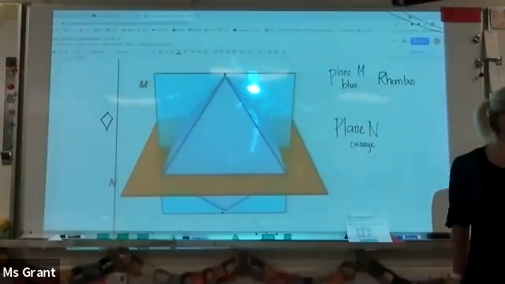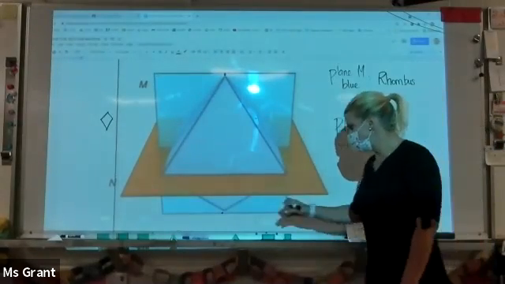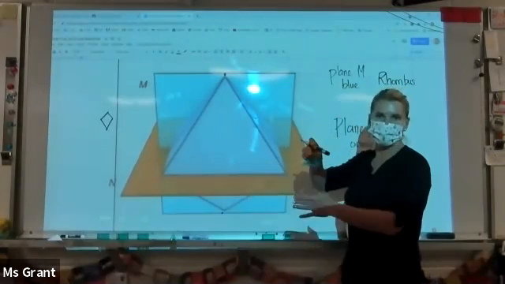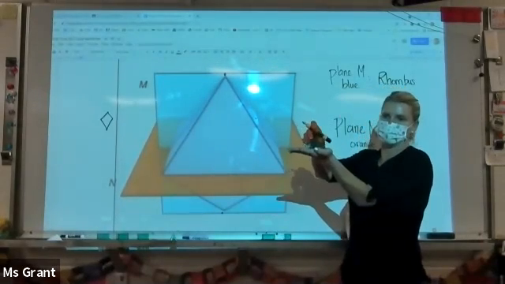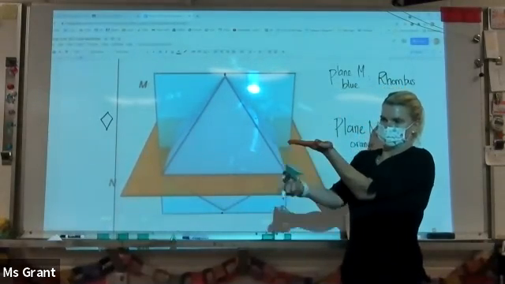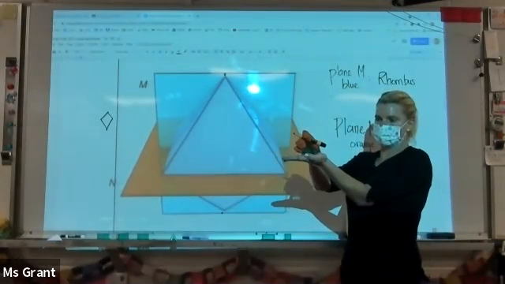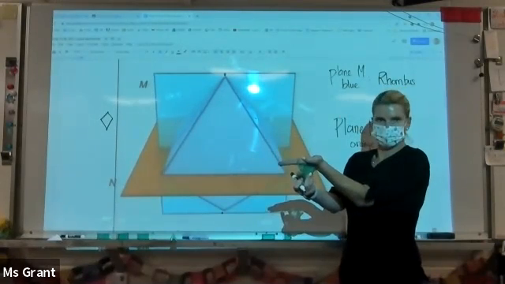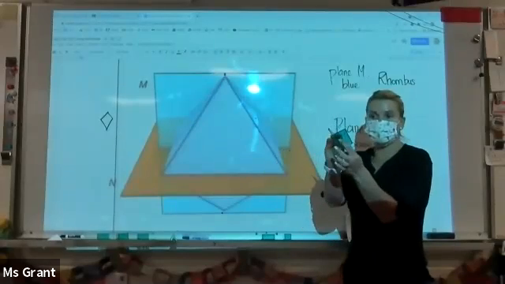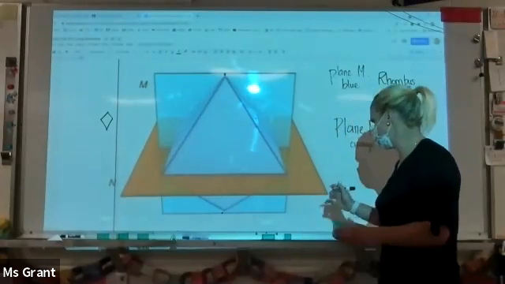This is just a horizontal cut halfway through, so maybe my hand. So what shape would be formed with my hand if I cut through the cross section? It's just a square, whatever the base of my shape is. Square.